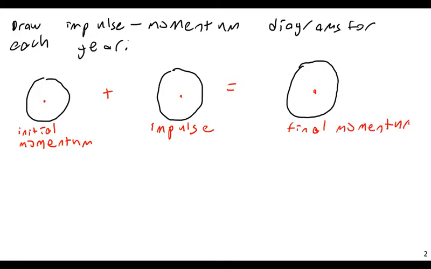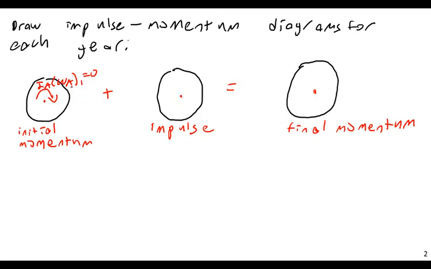And the initial momentum here is going to be IA times omega A 1, or initial, which is equal to 0.